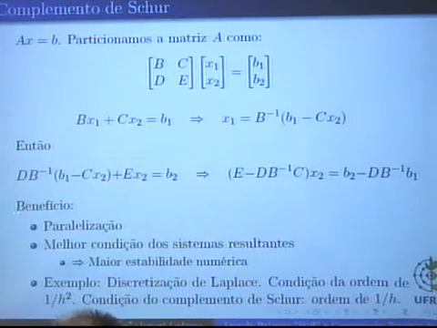You get a benefit from this. For the problem we will show, you will get parallelization. But you also get another thing, a better condition of the resulting linear systems, and therefore better numerical stability. As an example, if you discretize the Laplace equation with finite elements or another kind of method, you get a condition number of order 1 over h squared.